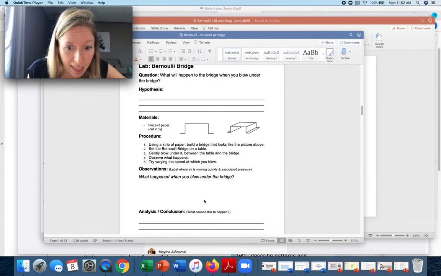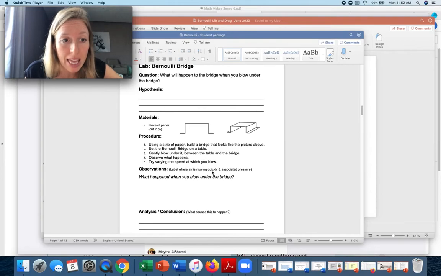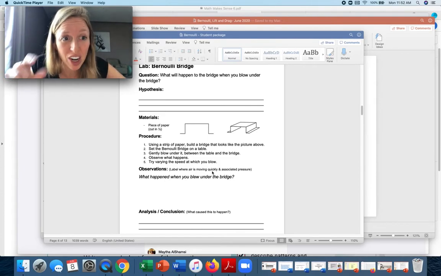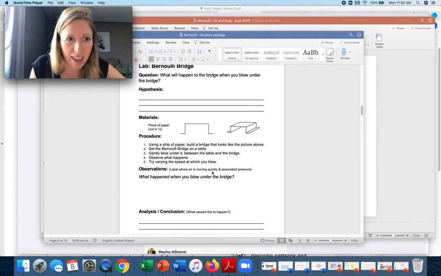Then label where the air is moving quickly and the associated pressure, and also conversely where the air is moving slowly, and then say the difference in the air pressures. That should be labeled, with a picture of what actually happened when you did this.